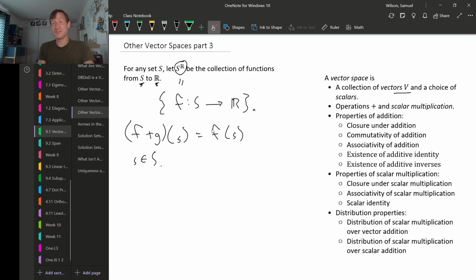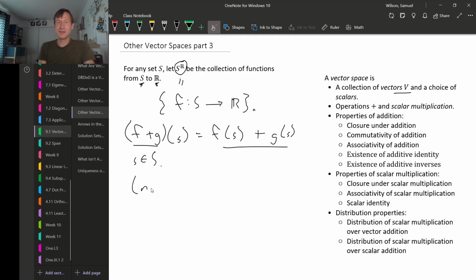So f is a function defined on S, so put our little s into f, put little s into g, and then just add the results. Right? So to add two functions, you just add them pointwise.